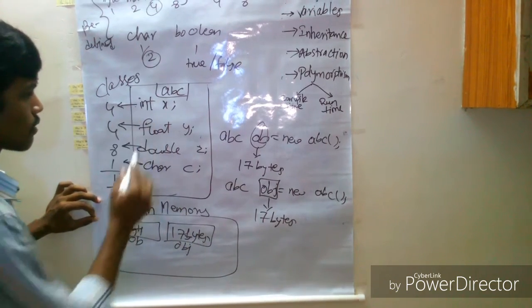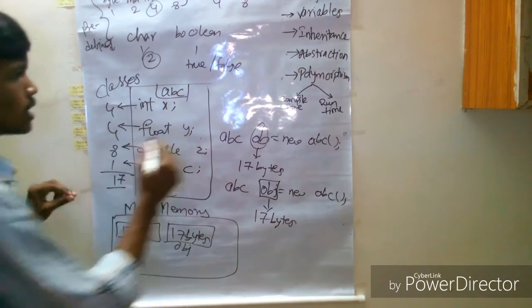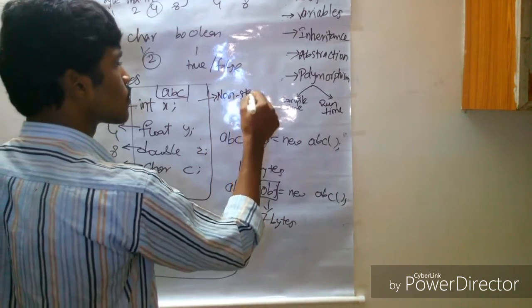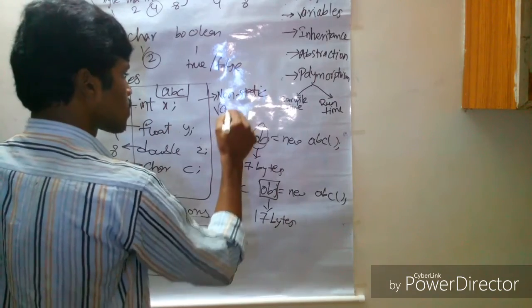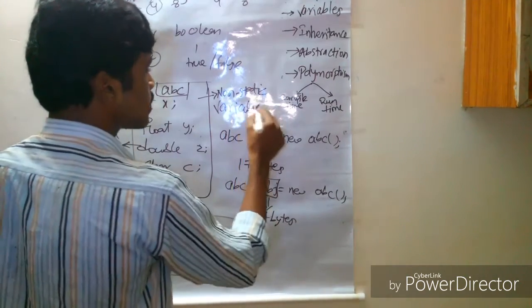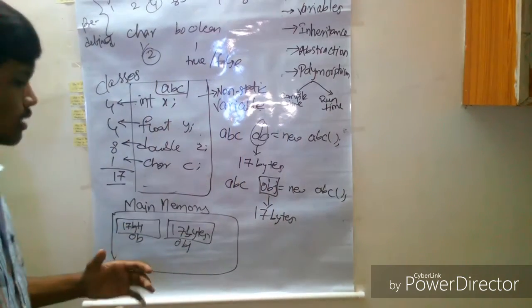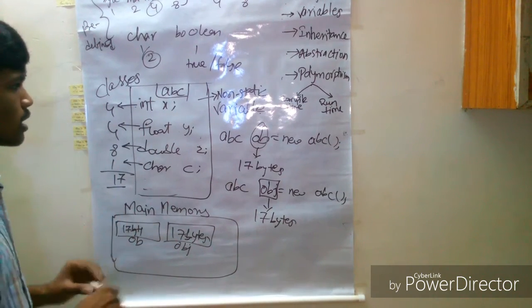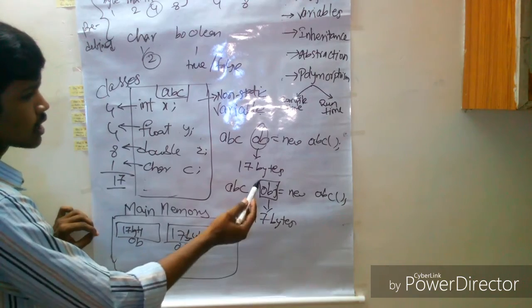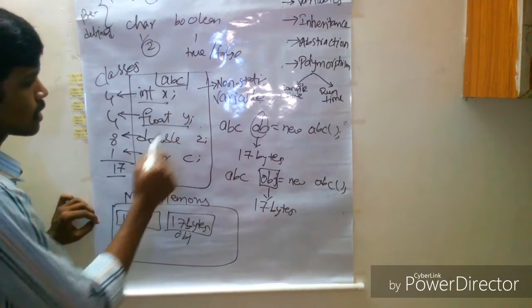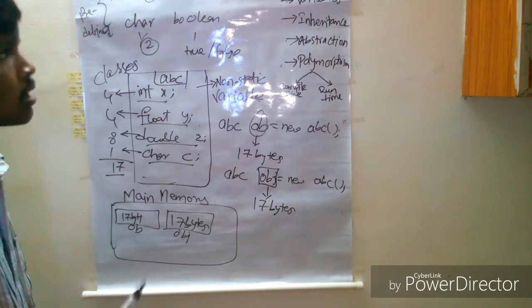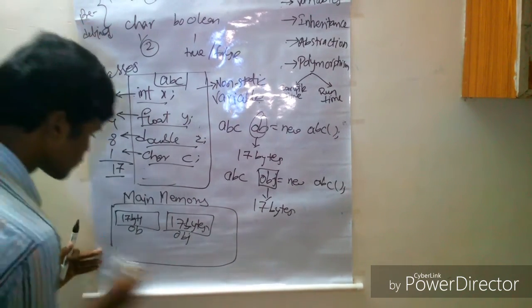Because this is an integer, float, double, character, and all these are non-static variables. So each and every time an object is created, it creates a new space for that. It is reserving some other extra space for each and every object. Each and every object is going to have a duplicate of these variables. So right now let's see what are the different types of variables.